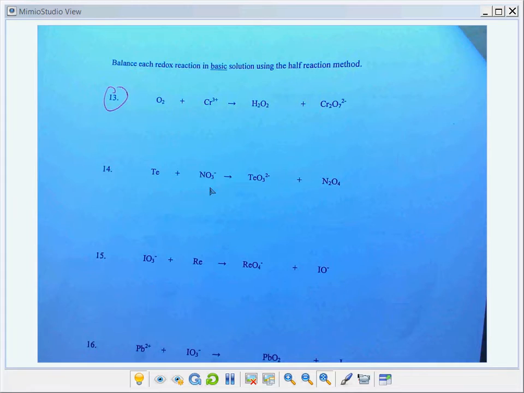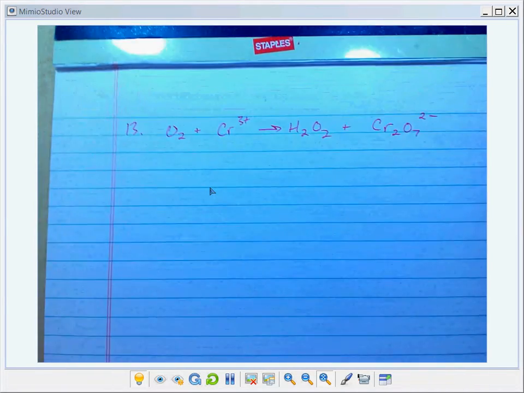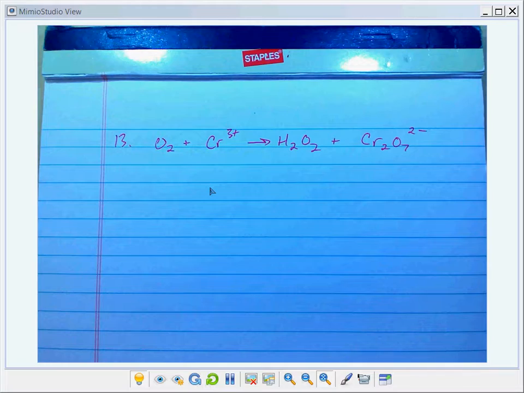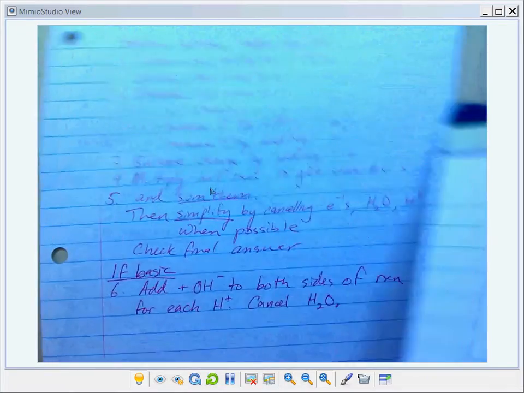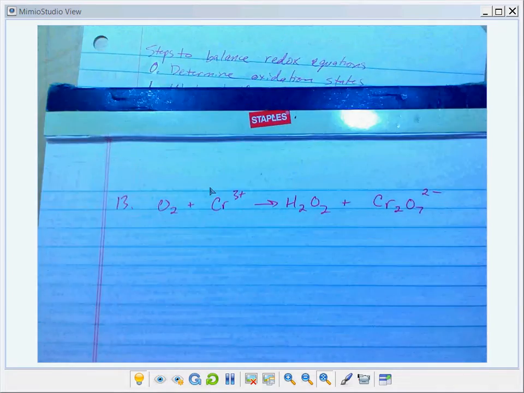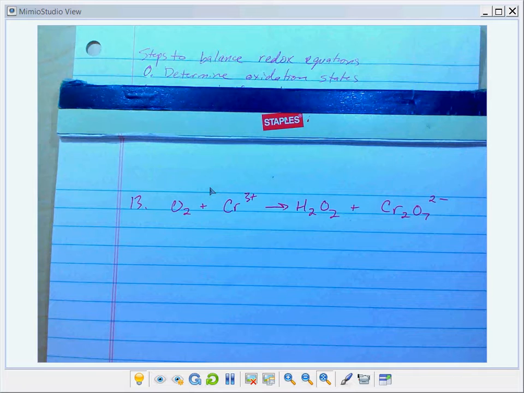I've rewritten number 13 on this paper to help us do this a little bit easier. I'm also going to be following the steps as we go through. The steps to balance a redox equation are right here. The reason we need to do this is because when we balance equations, unlike Chem 1, we need to also make sure that charges are balanced.